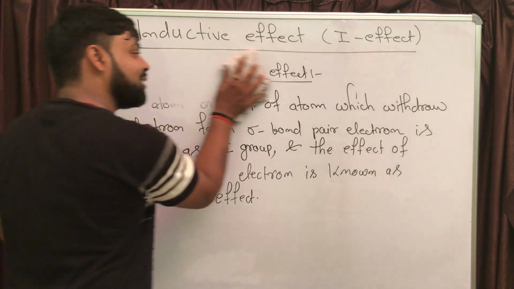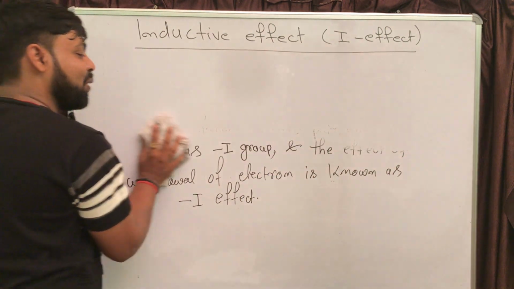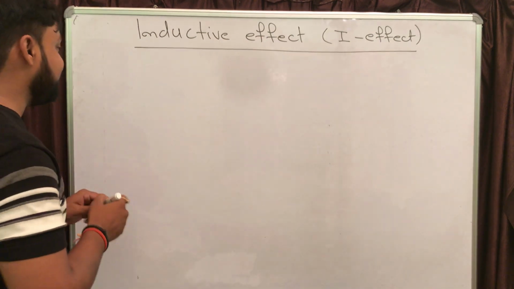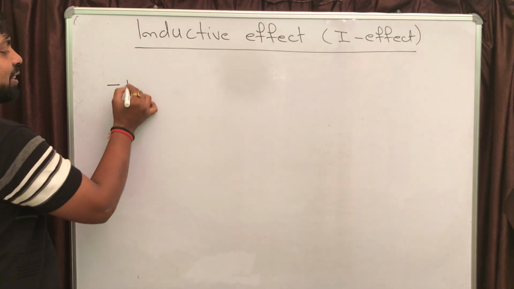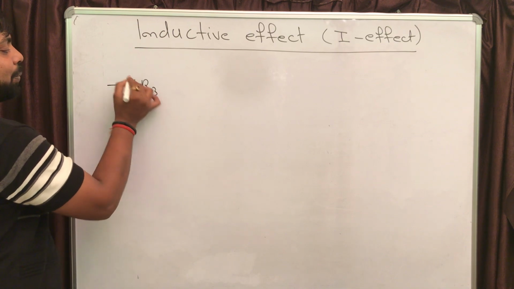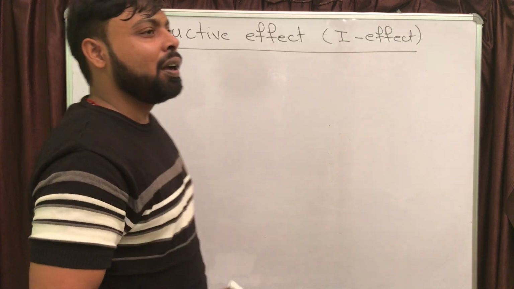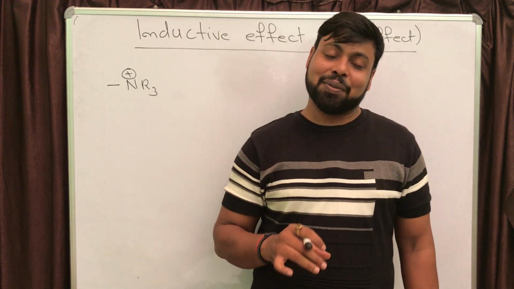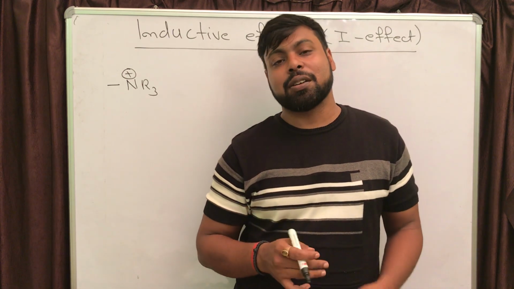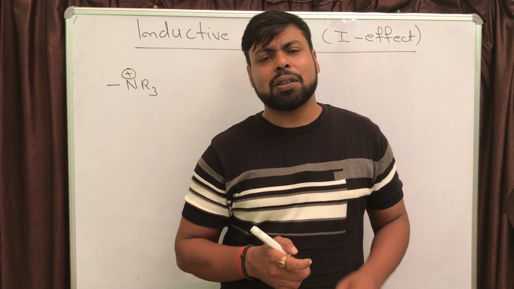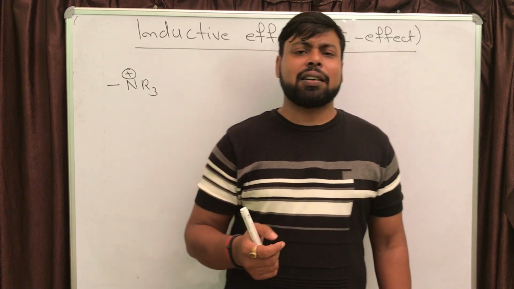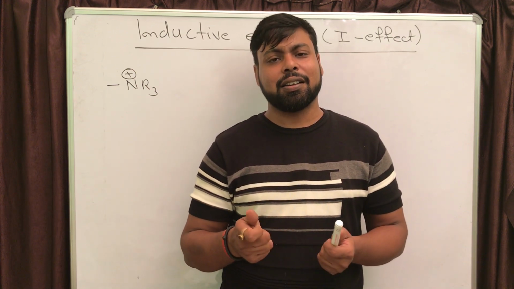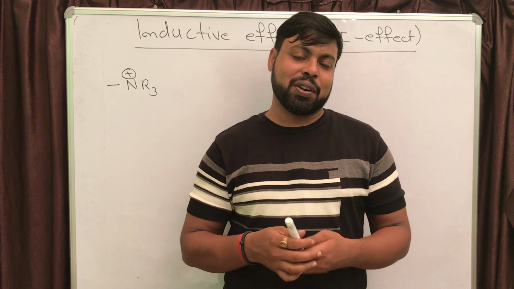So let us write the order of electron withdrawal ability. The first one is NR3+. One thing I want to make clear: this minus I group series is very important from a competition point of view, because many times they give some groups and ask what is the order of electron withdrawing ability.